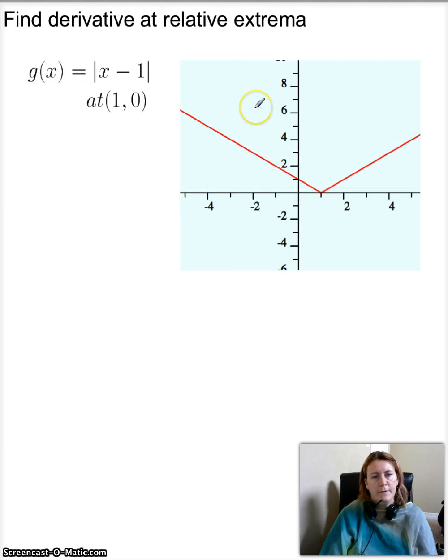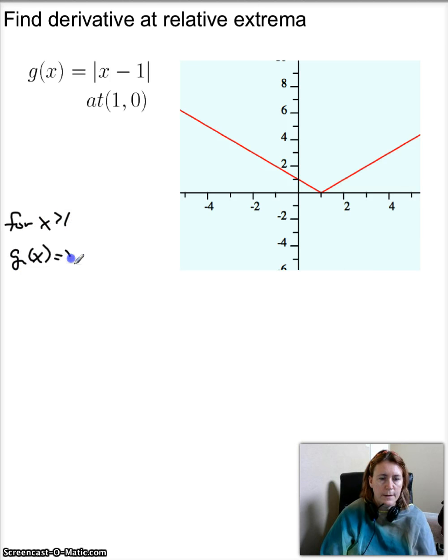Okay, find the derivative at 1, 0. Okay, this one we've got, for x greater than 1, g of x is equal to x minus 1. So g prime of x is 1.